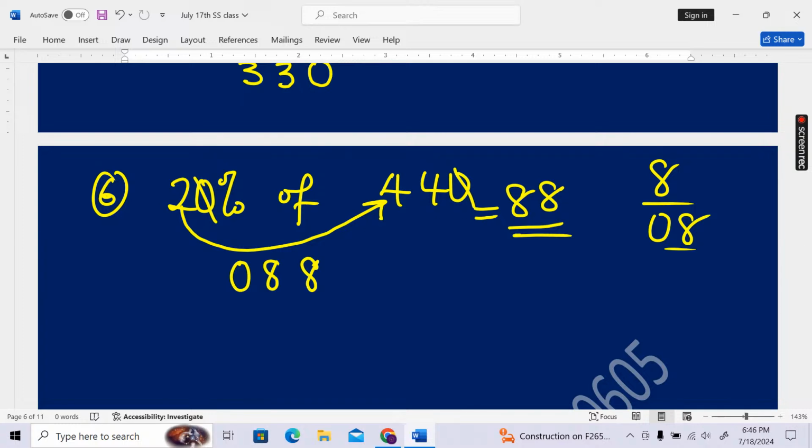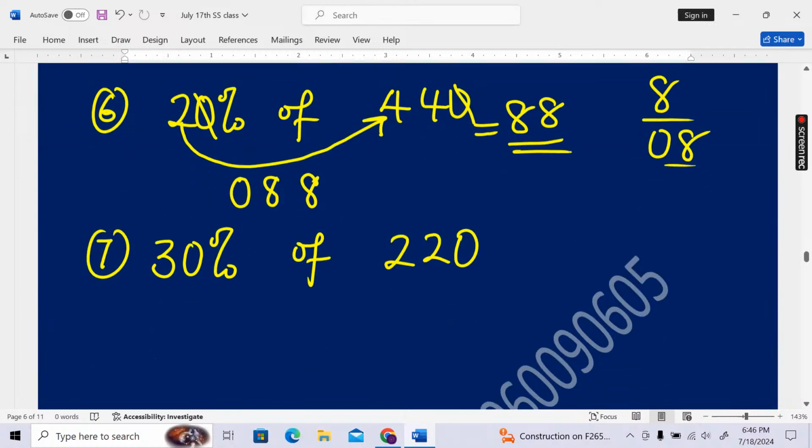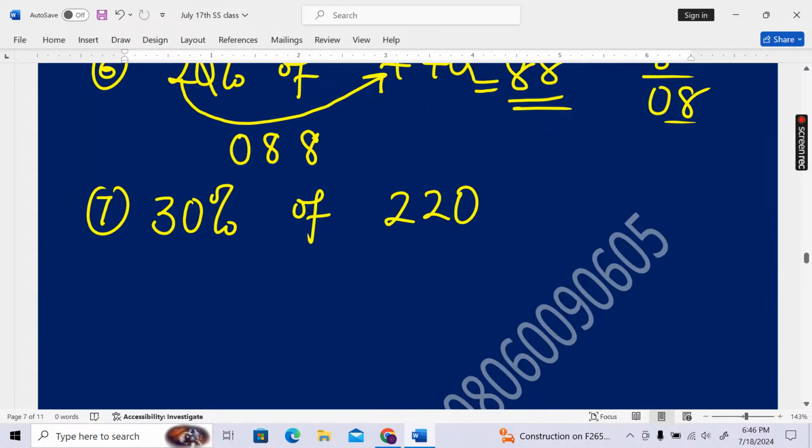Another question. What is 30% of 220? Strike out the last zeros.